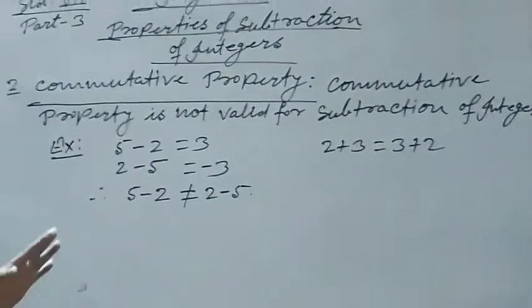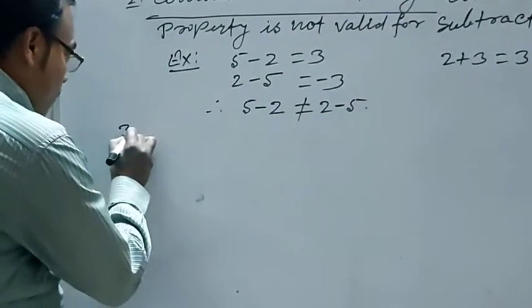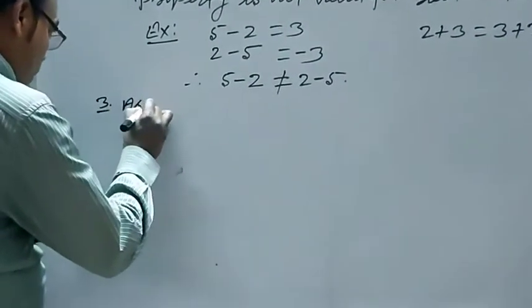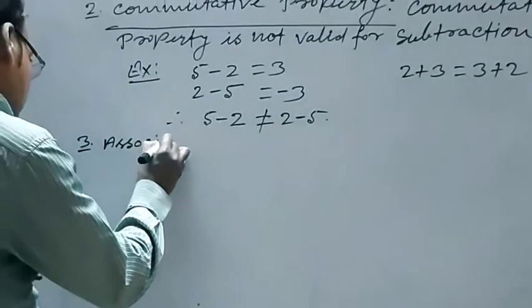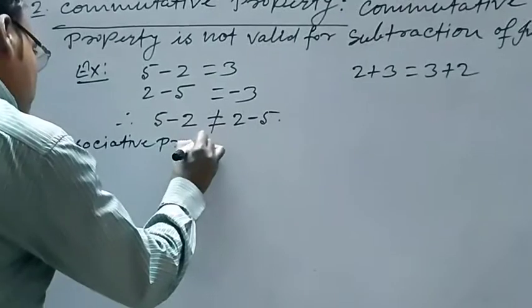Next we see the associative property. Third one is associative property.